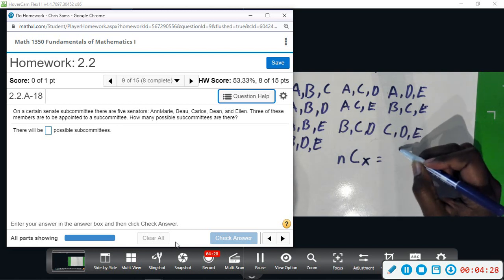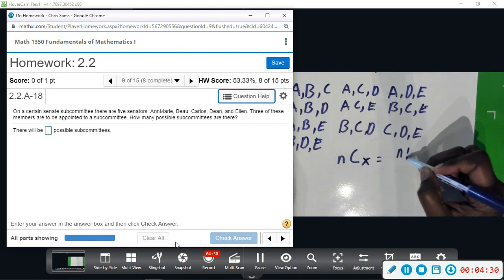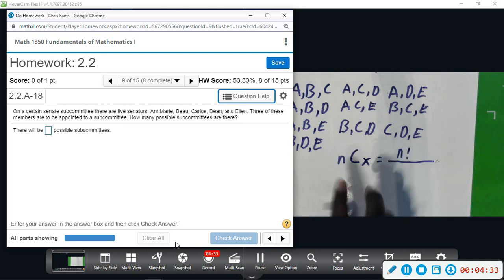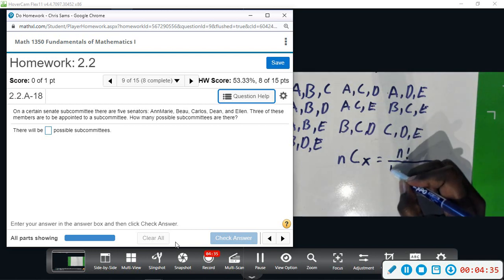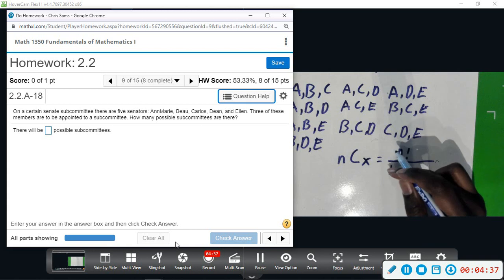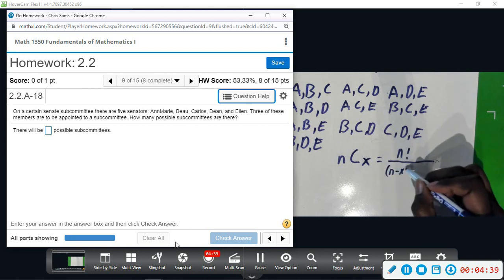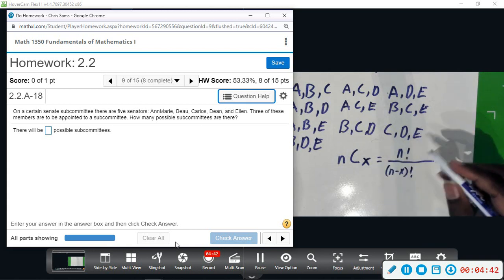This is equal to n factorial, and then you subtract, n minus x factorial, and then another x factorial.